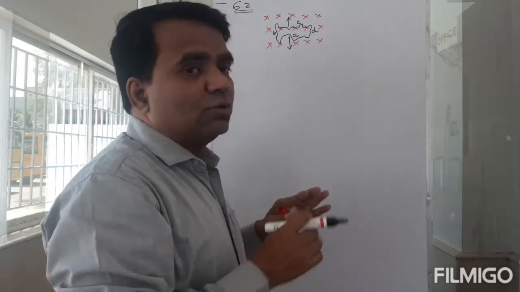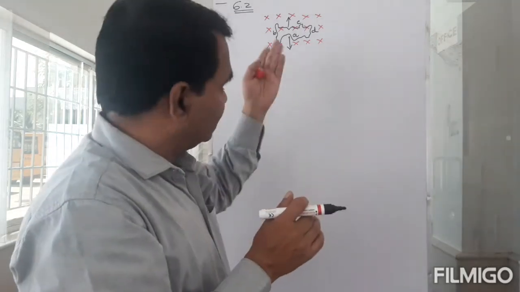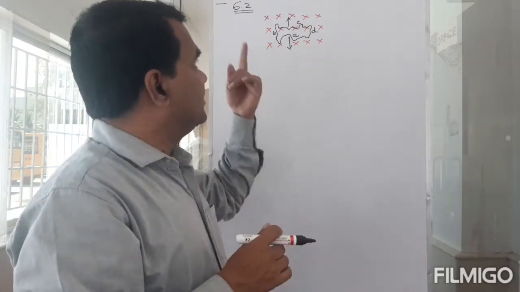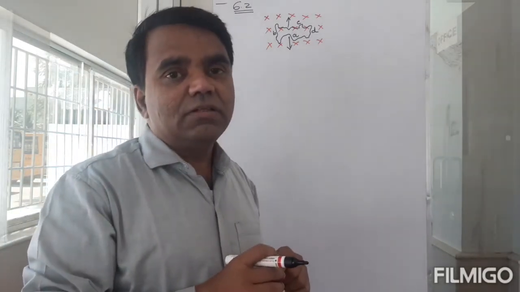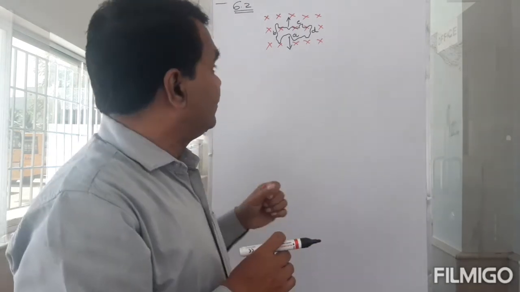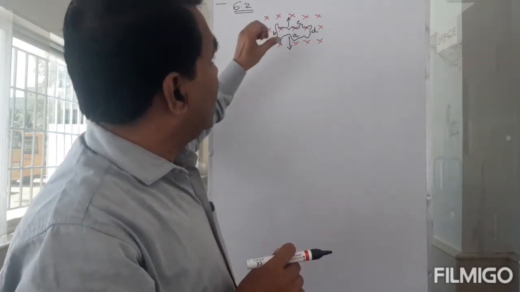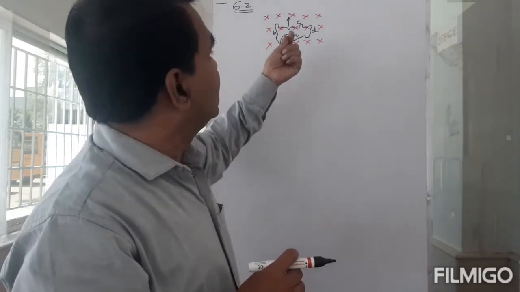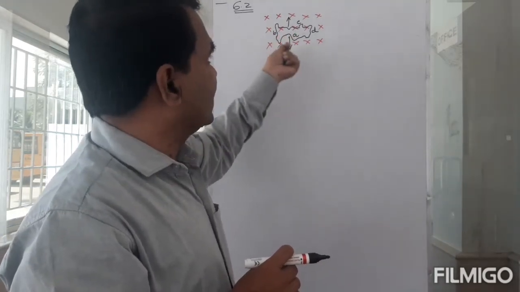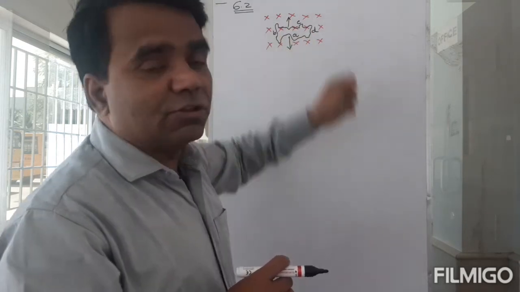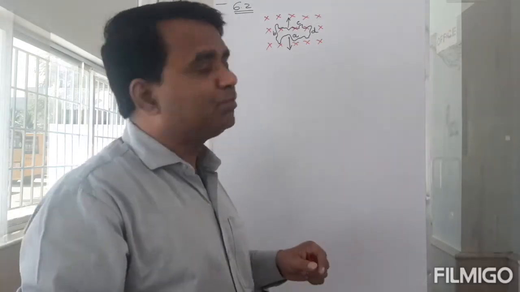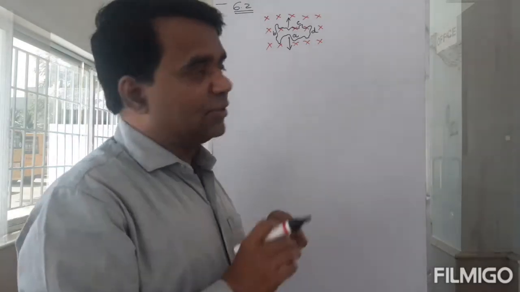So the flux through the loop changes, then an EMF must be generated. If an EMF is generated, then you need to find the direction in which current will be sent through this wire. It's a closed loop, so current can flow through that loop. Okay, so that's the question. Let's see.